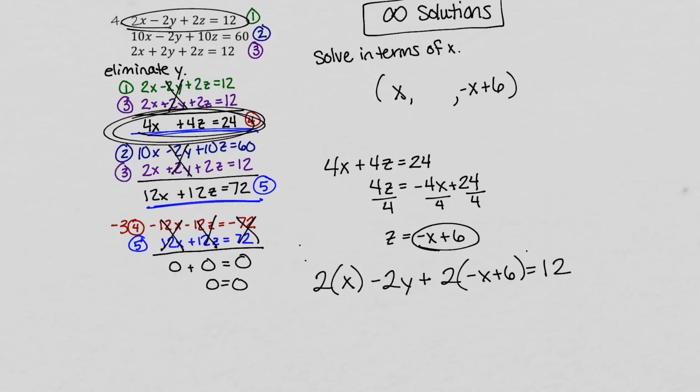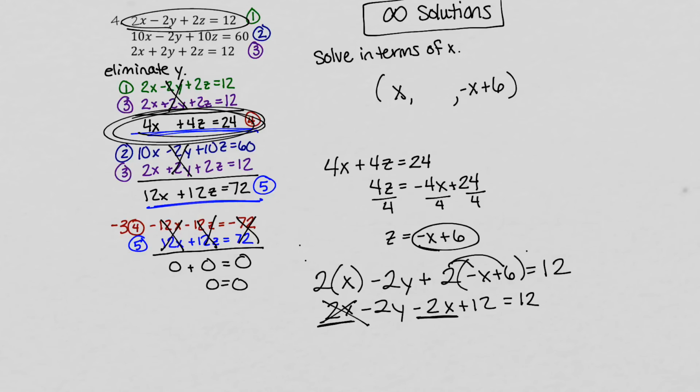And that's going to equal 12. And I solve. These ones that are infinite solutions just look a little messier, but it'll come out okay. So I have 2x minus 2y minus 2x plus 12, because you have to distribute that 2 to both things in parentheses, equals 12. All right, let's collect some like terms here.